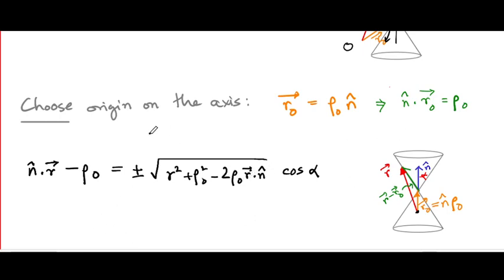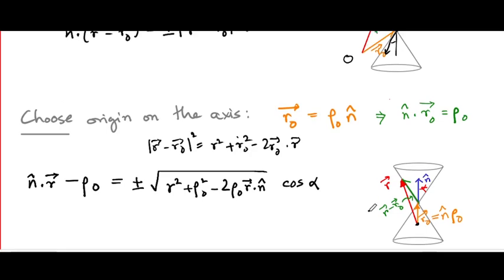This follows simply from mod of r minus r0 squared is r squared plus r0 squared minus twice r0 dot r. Of course, there's an overall cos alpha factor with a plus minus sign as before.